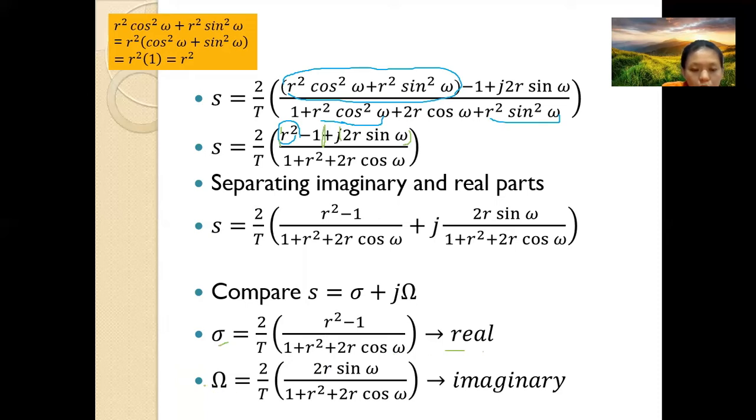And then we do the imaginary part: omega equals 2 divided by t, 2r sine omega. And this omega is in digital form, and this omega is in analog. So we have 2 divided by t, 2r sine omega divided by 1 plus r square plus 2r cos omega as our imaginary part.